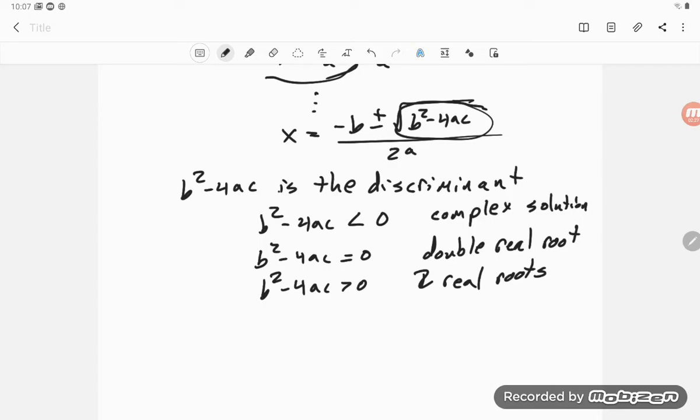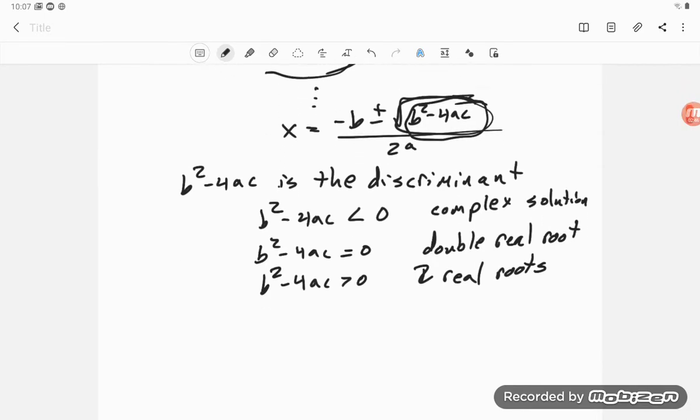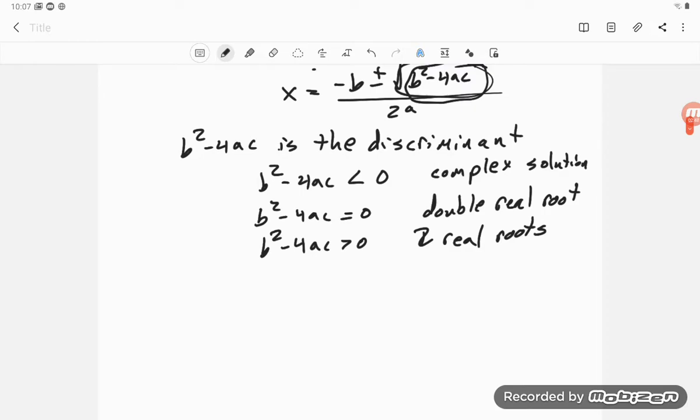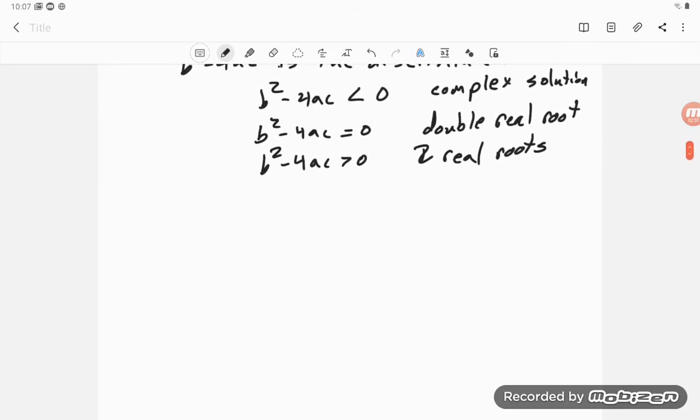So in solving this particular type of equation, we run into this b squared minus 4ac, and we see that it ends up being a very important quantity.